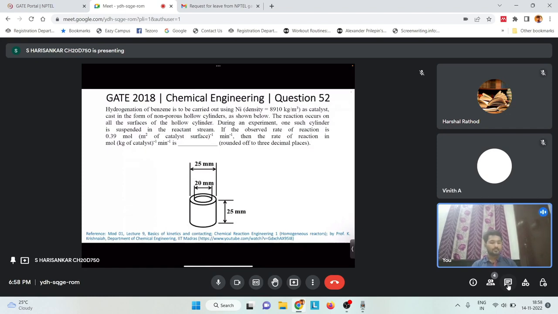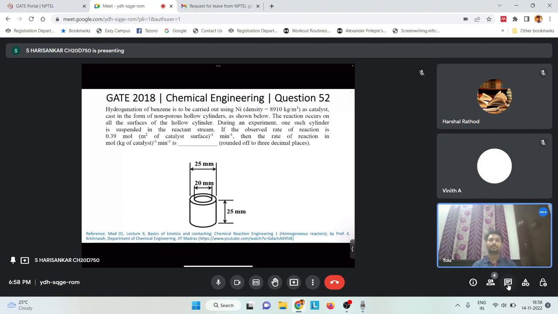They have also said that the reaction happens on all the surfaces of the hollow cylinder, and the observed reaction rate is given as 0.39 mole per meter square of catalyst surface per minute. What we need to find here is the same rate of reaction, but in terms of mole per kilogram of catalyst per minute.